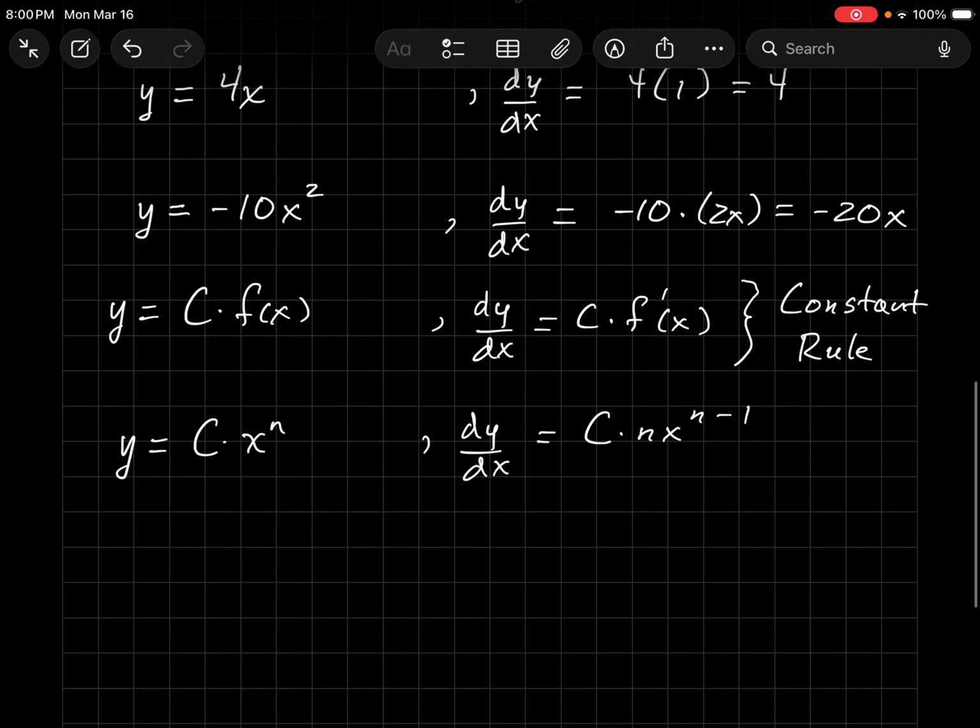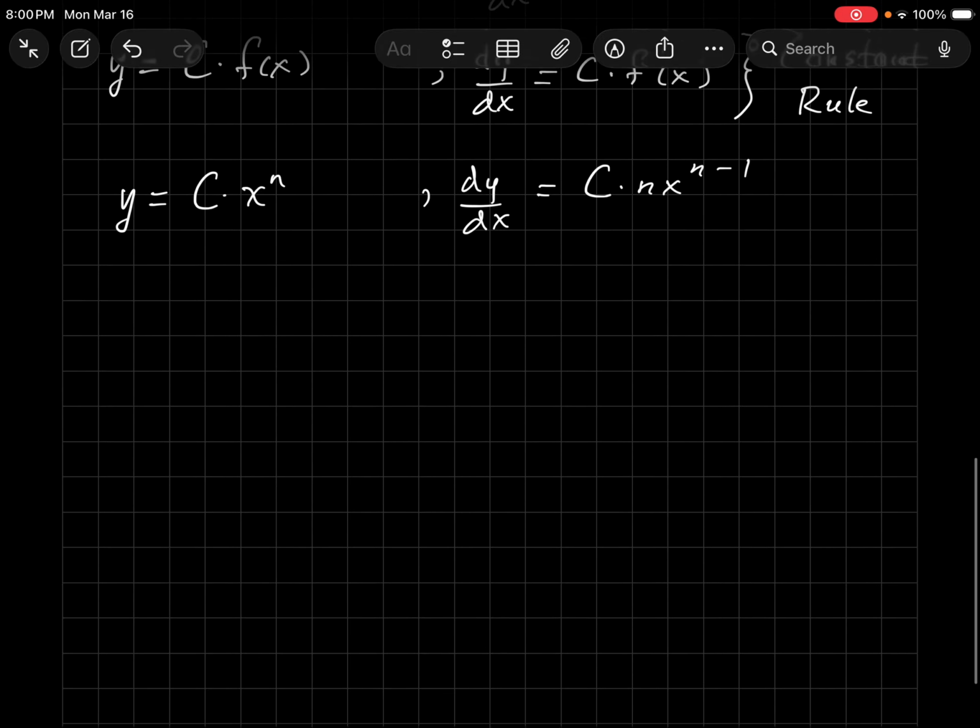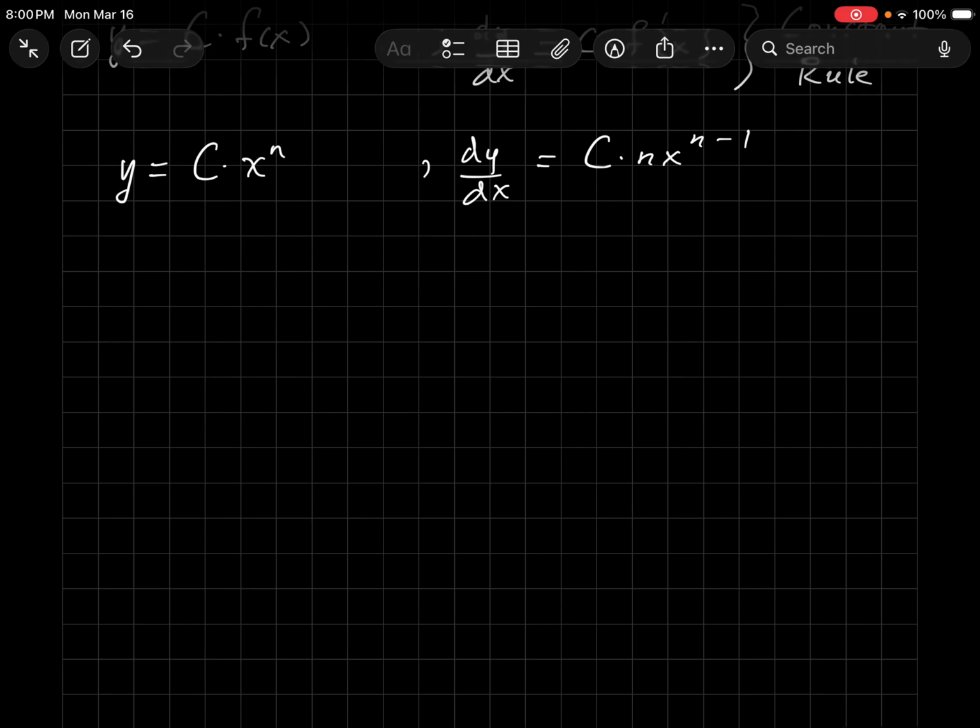Now we're going to do sum and difference rules. What I would like you to do is, after I put the function down, for each of these, I would like you to pause the video, write down what you think the derivative is, and then come back.